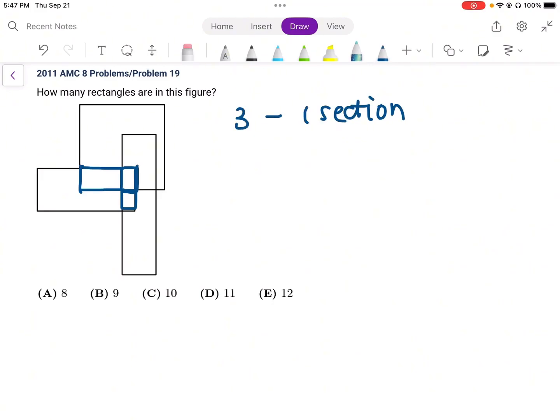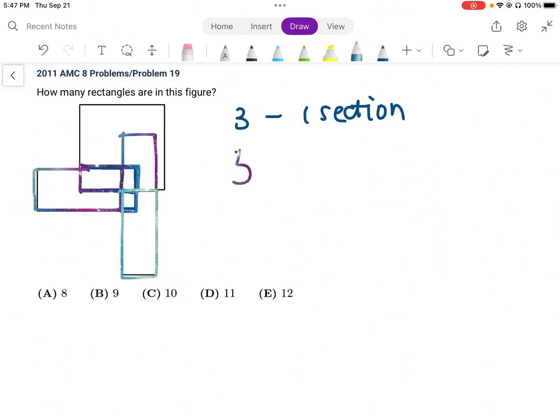For rectangles composed of 2 sections, we will have the first one, the second one, the third one, then the fourth one, and the fifth one.